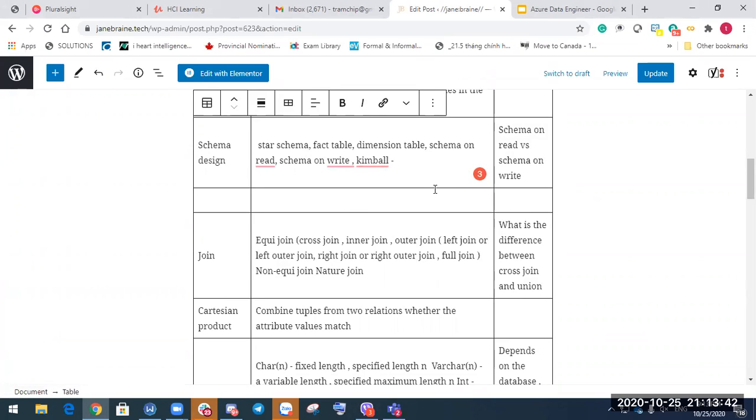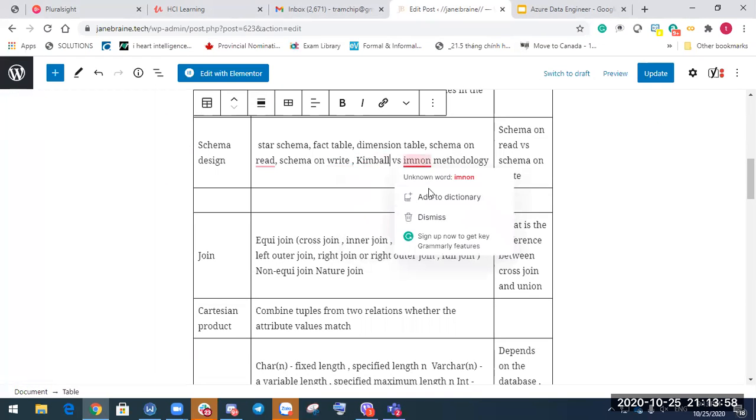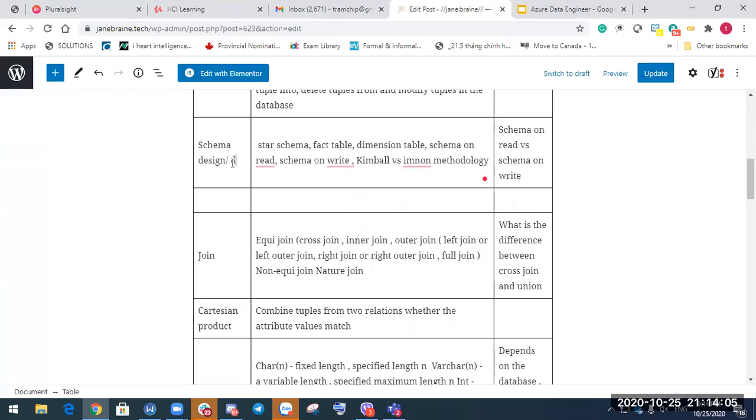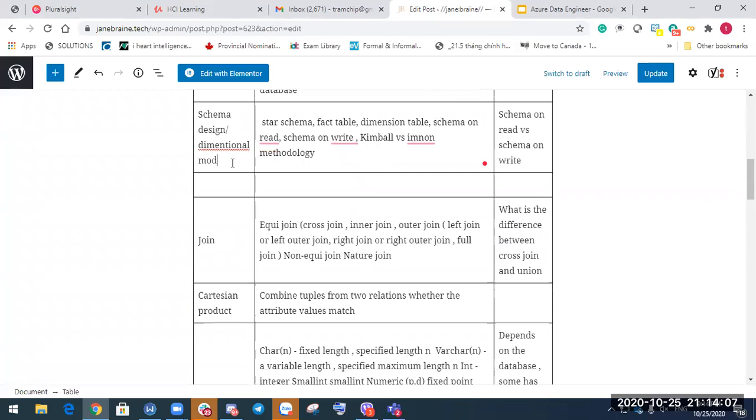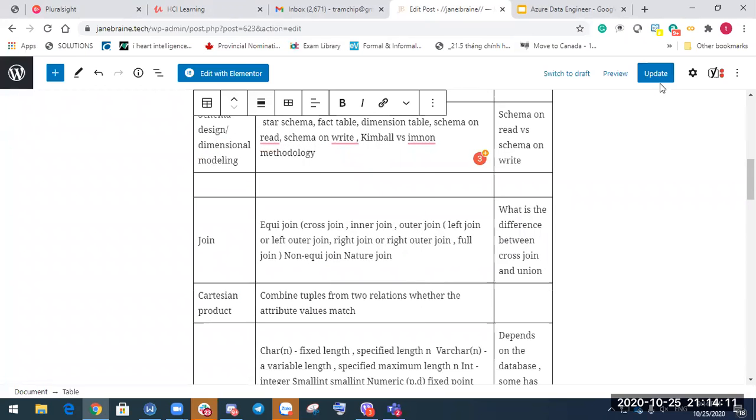So it's Kimball versus Inmon. These are the models that are very important in relational dimensional modeling or schema design. So please go over it in your own time when you are at home. So this is one change.